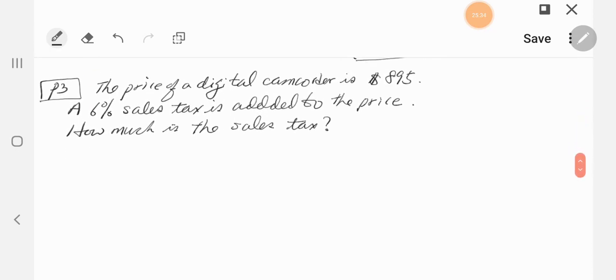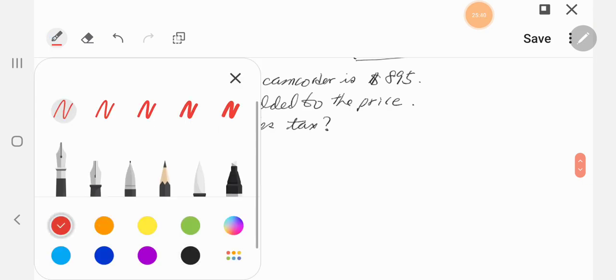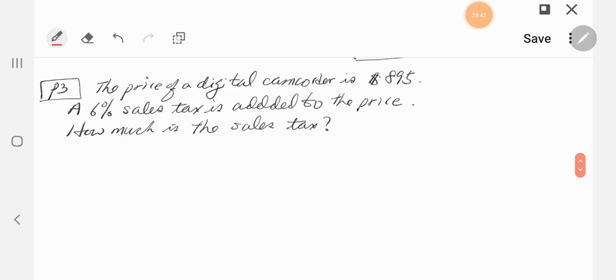Okay, number 3. The price of a digital camcorder is $895. And 6% sales tax is added to the price. So 6%, this means 6% of what? This means 6% of 895 is the sales tax, right?